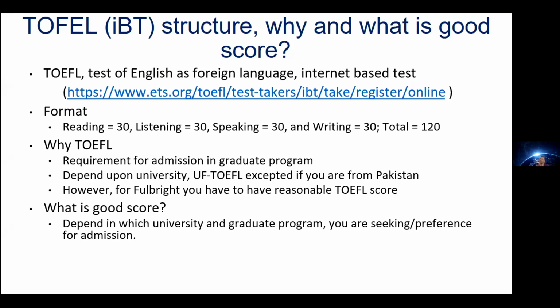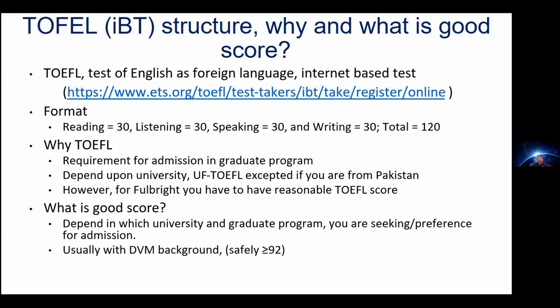So choose your universities very carefully based upon the TOEFL requirement, based upon the GRE requirement, and above all, your interest. Usually they would send your application to the 5 universities, but they would decide by themselves. They would not usually involve the participants or the Fulbrighter in choosing among those 5. So carefully choose your university.